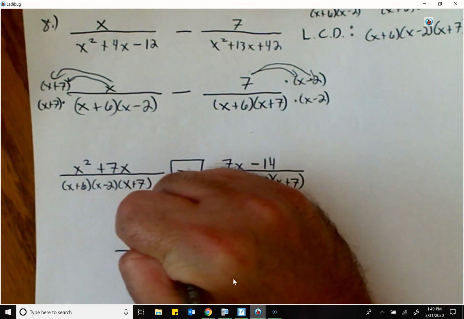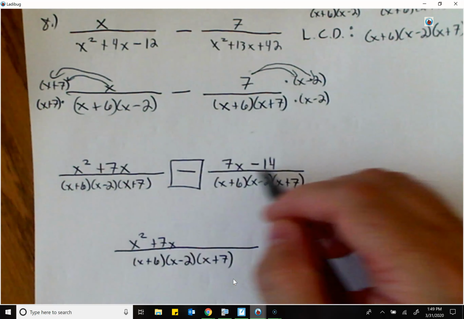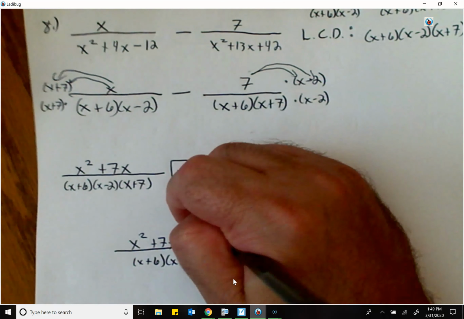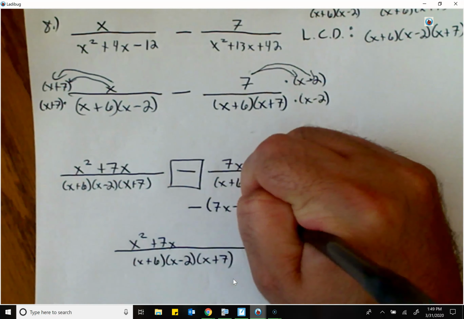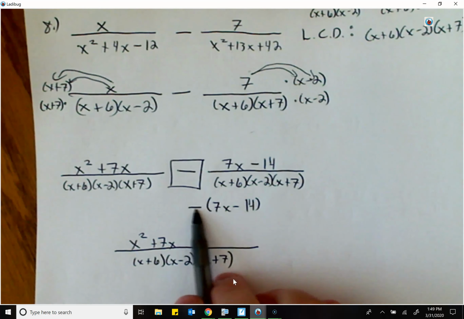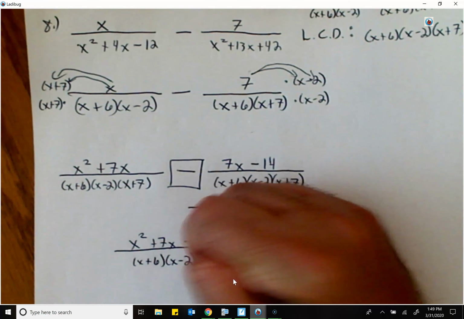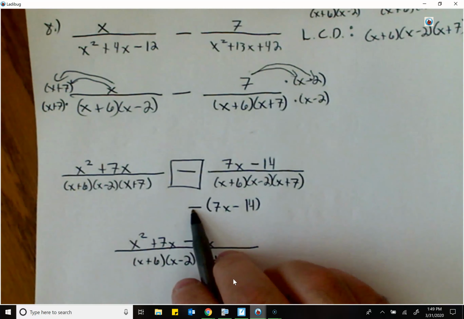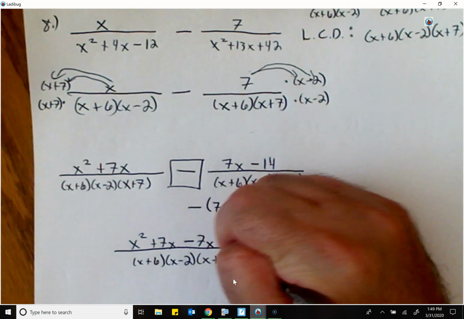So our first numerator stays the way it is. But in the second numerator, remember, it's like we're subtracting off all of that numerator. So it's like taking a negative 1 and multiplying it through. Well, what's a negative do to a positive 7? Makes it a negative 7. What's that negative do to a negative 14? Makes it a positive 14.